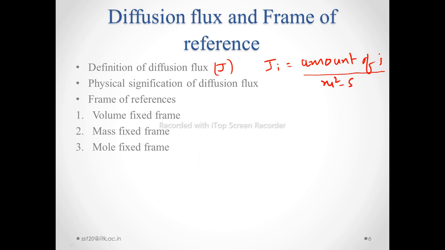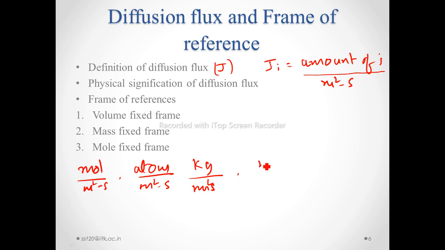There are various units, that is mole per meter square per second, or atom per meter square per second, or kg per meter square per second, or meter cube per meter square per second, which can be written as meter per second. These are the various units of flux.